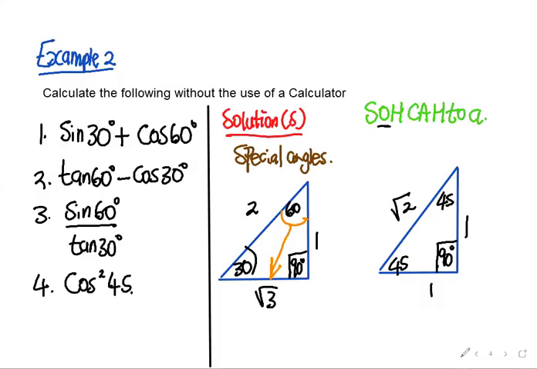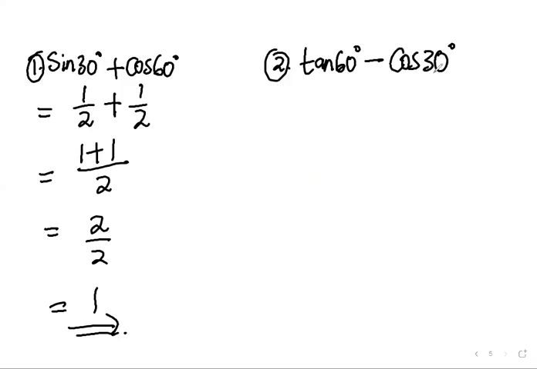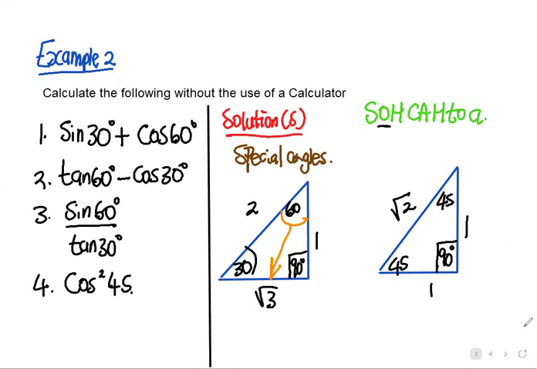On number 2, the one, tan 60 minus cos 30. So you'll say tan of 60 degrees minus the cos of 30 degrees. Now what is tan? Tan is opposite over adjacent.